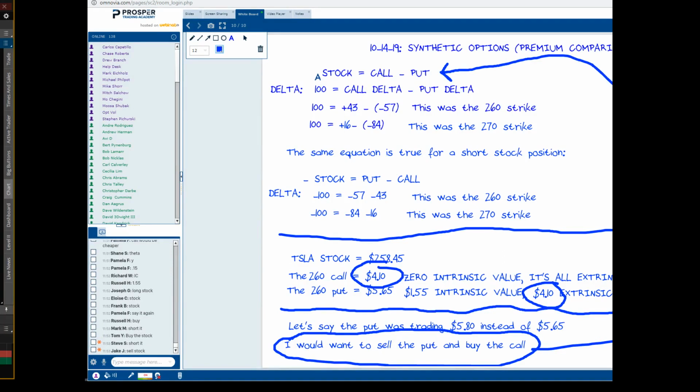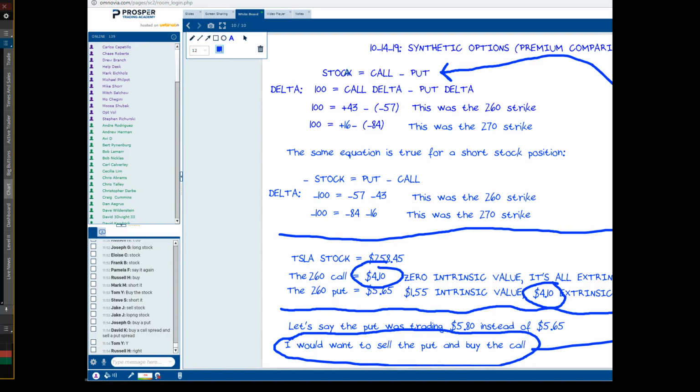Being long a call and short a put is equivalent to what? Exactly, long stock, right? If I own the call and I've sold a put, that is the equivalent of owning the stock. So if I truly want to hedge off my position, I have to sell stock.